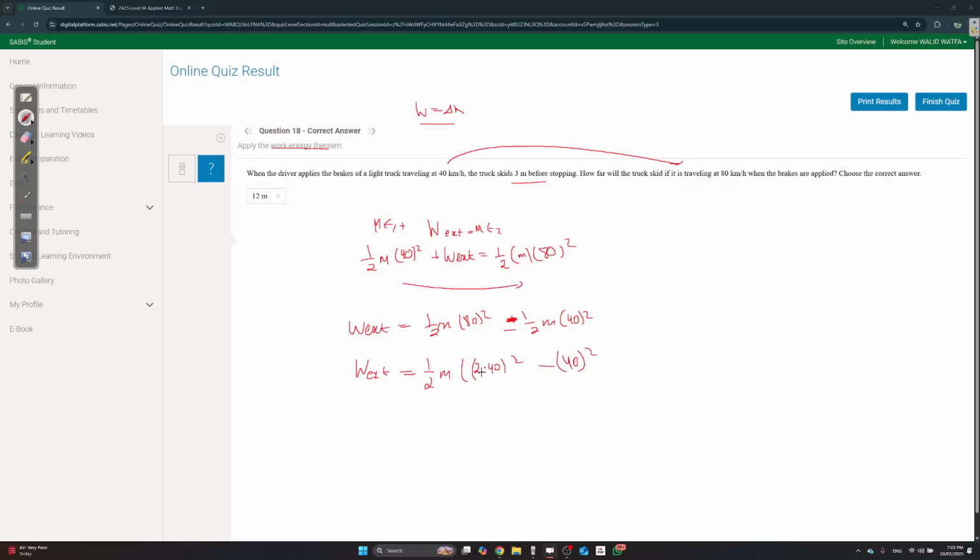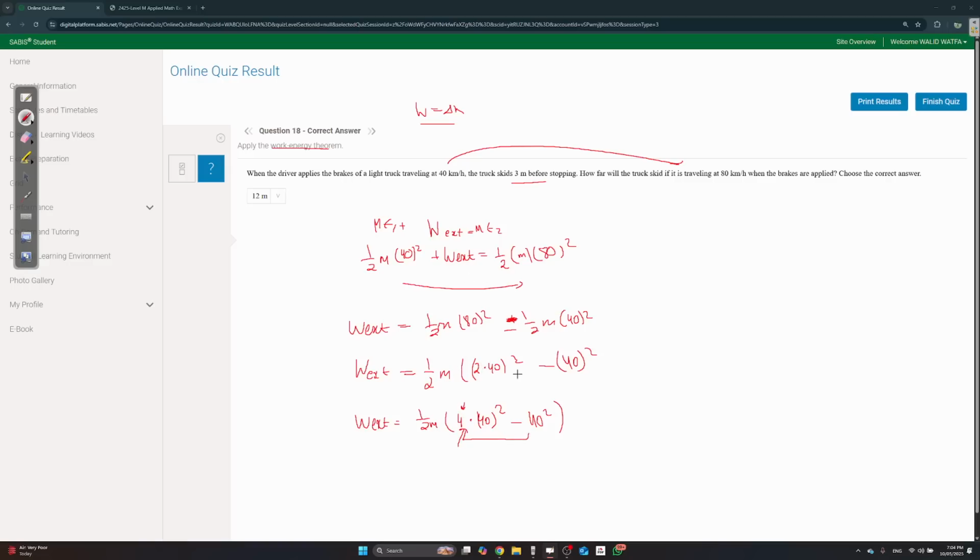If you take the 2 squared, you're going to get W external is equal to half m times 2 squared, which is 4 times, keeping the 40 inside the square, minus 40 squared. I took the 2 outside the square, so I had to square it, okay? As you can see, the change between these two is this square.